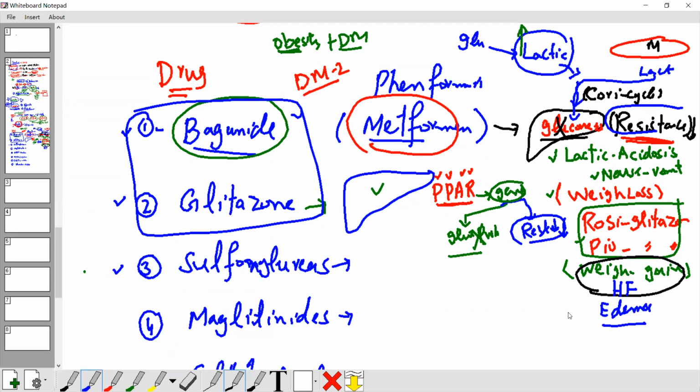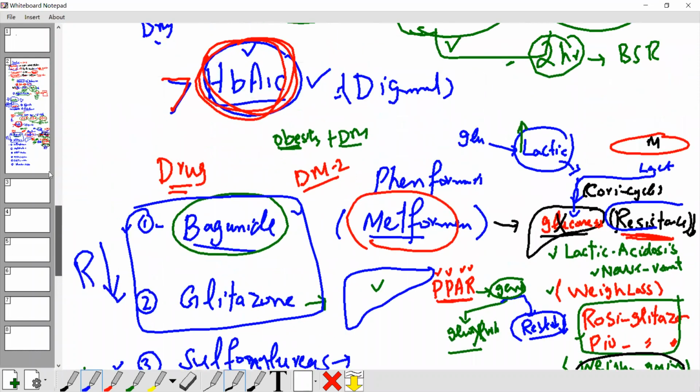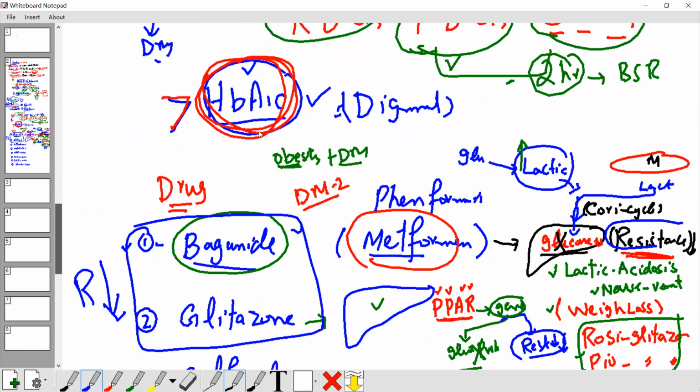They can increase the risk of MI. They can cause heart failure. Weight gain, heart failure, and edema. So these two groups are doing what? They help to decrease the resistance. In type 2 diabetes, one problem is resistance and one problem is low insulin.